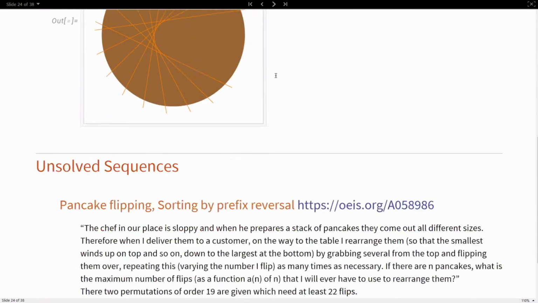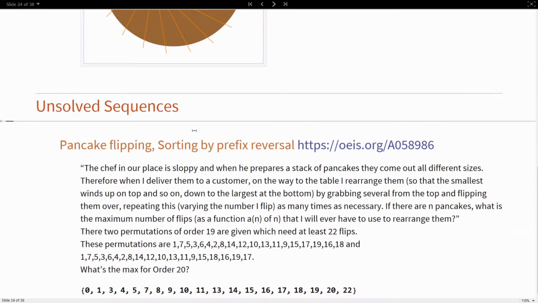One other thing you can do with pancakes is you can flip them. And the description of the problem is the chef in our place is sloppy, and when he puts down a stack of pancakes, they're all in different sizes. So before he delivers those to a customer, he'll take a spatula and start flipping the pancakes, repeating that until all the pancakes are sized in order on the plate.